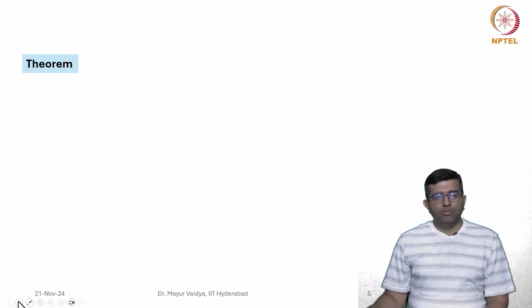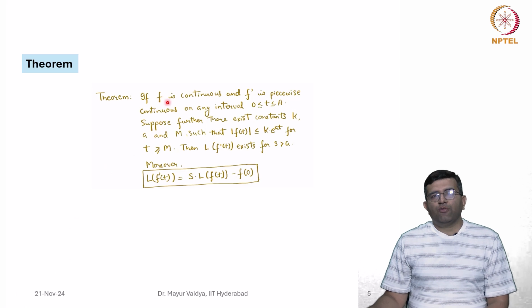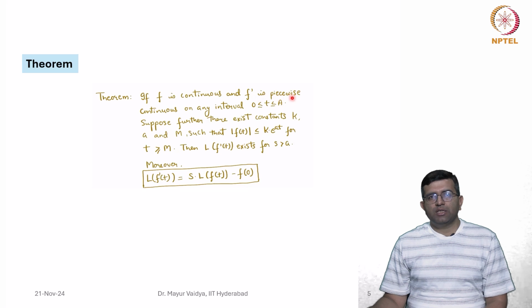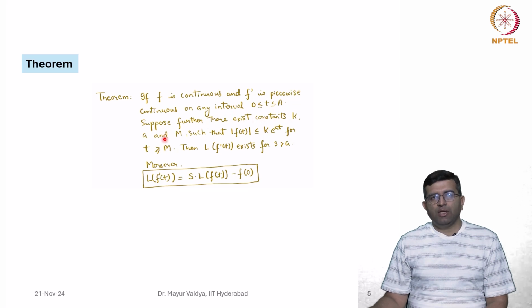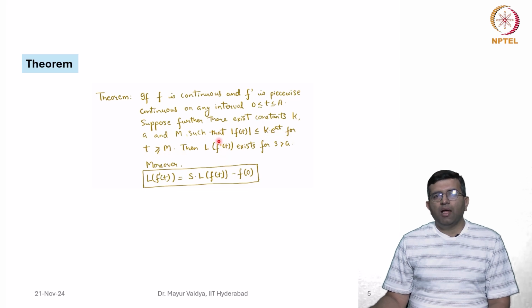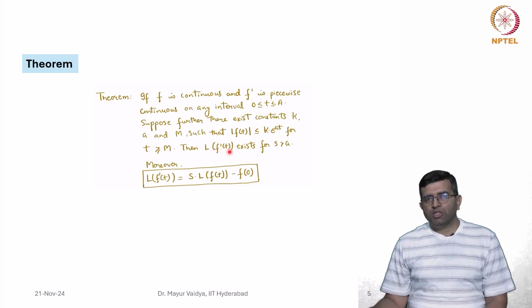So this theorem states that if f is a continuous function and f dash is at least piecewise continuous on any interval 0 to a, that means where t lies between 0 and a, and suppose there exist constants k, a and m, such that mod of f of t is less than k times e power a t for any t greater than or equal to m, then the Laplace transform of f dash of t exists for any s greater than a.